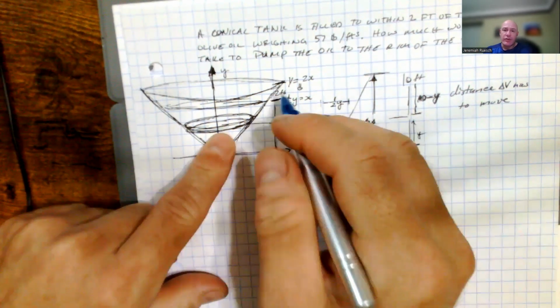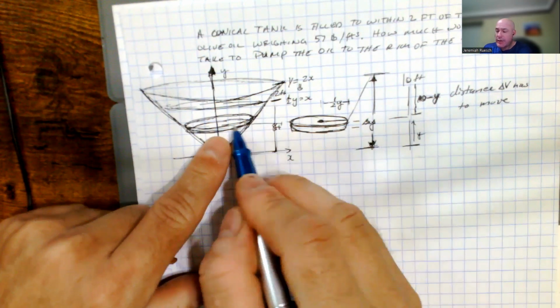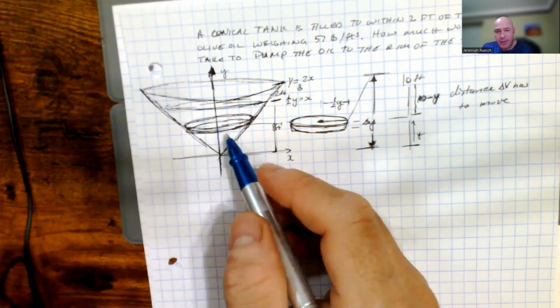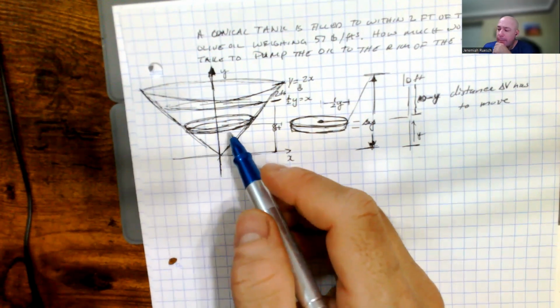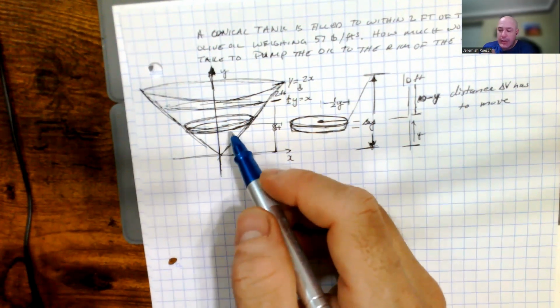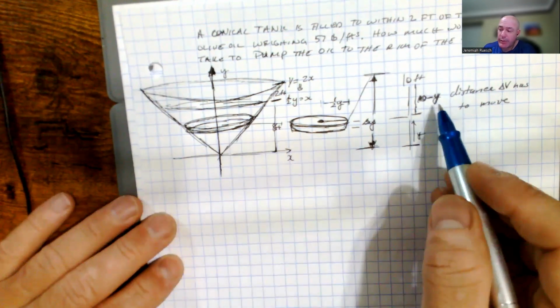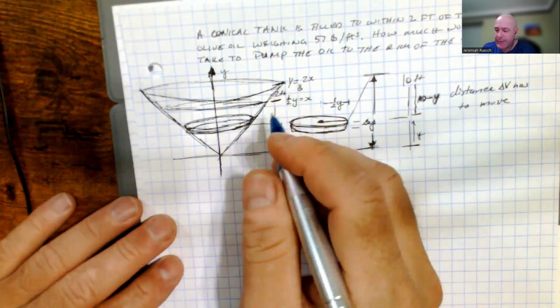Okay. So we're just going to choose an arbitrary location and consider a small slice perpendicular to the y-axis. We're going to assume that the force acting on the oil is only the force of gravity. Okay.